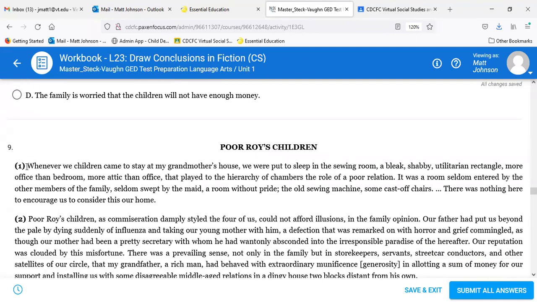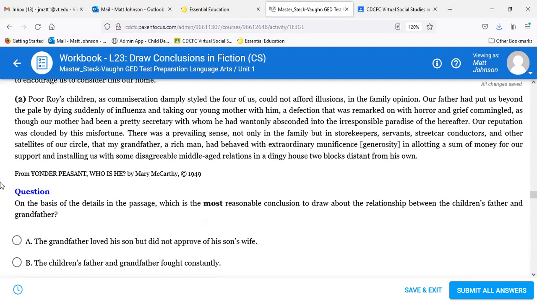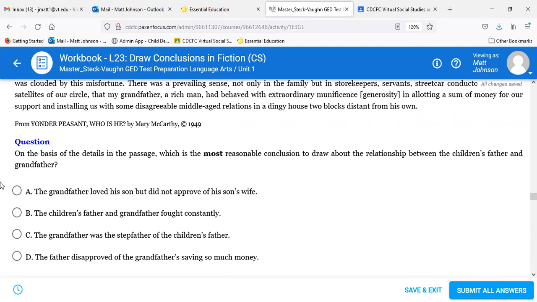On the basis of the details in the passage, which is the most reasonable conclusion to draw about the relationship between the children's father and grandfather?